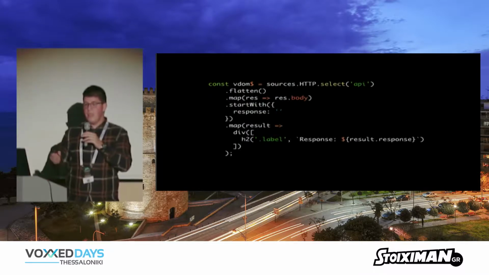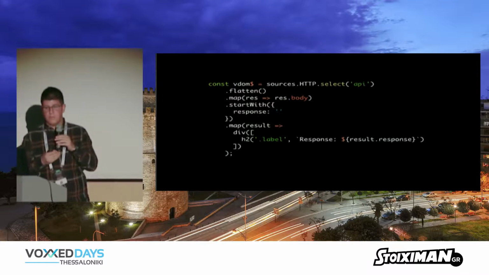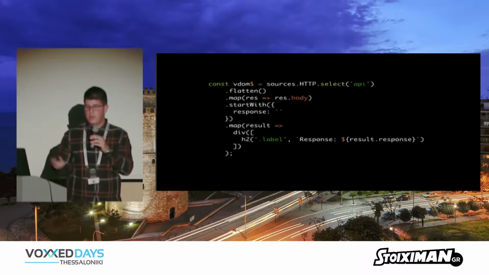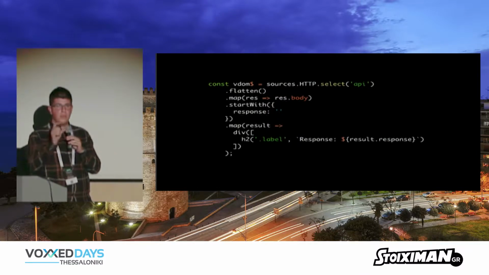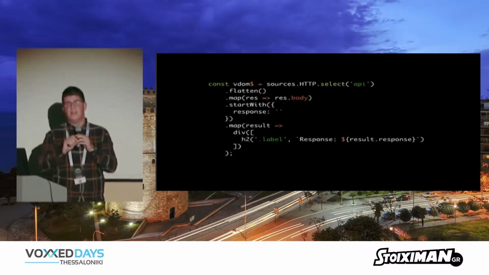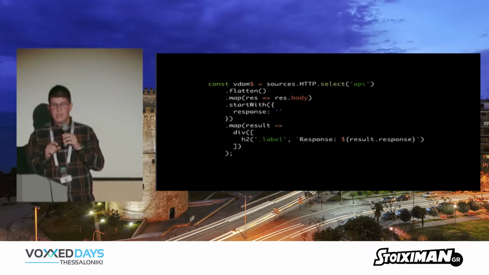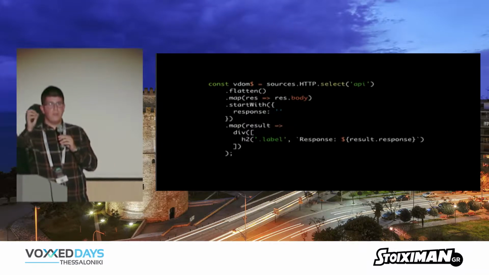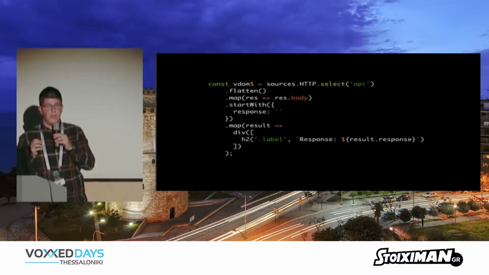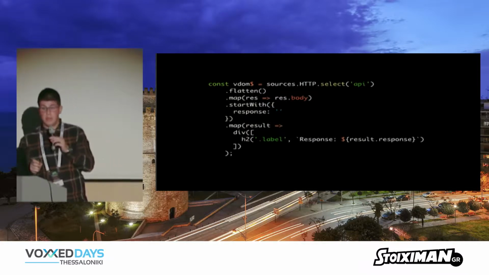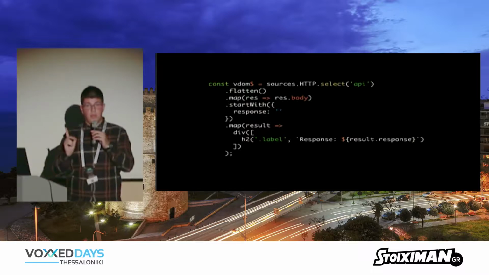So now let's make a VDOM. We make a virtual DOM stream, where from the sources we want to select the ones with the category API, and we want to flatten that, because the HTTP source will return us multiple streams. From those multiple streams, we just filter the ones we need and flatten that into one, because the most important thing in reactive programming is to work with just one stream.